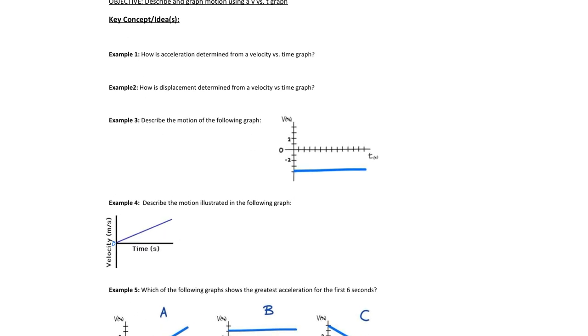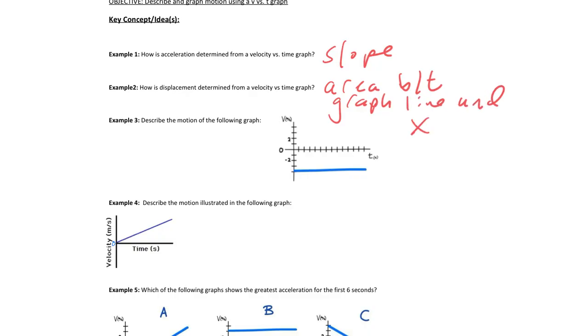How is displacement obtained from a velocity versus time graph? The slope gives acceleration. Displacement is the area between the graph line and the x-axis, but it's negative if below the x-axis.